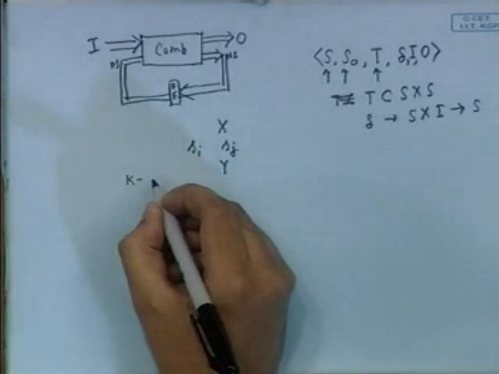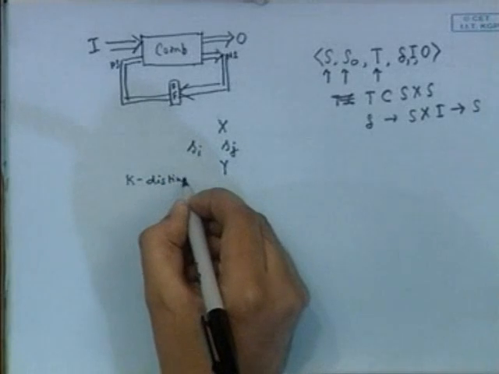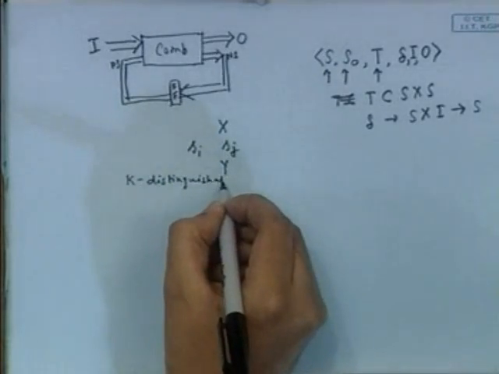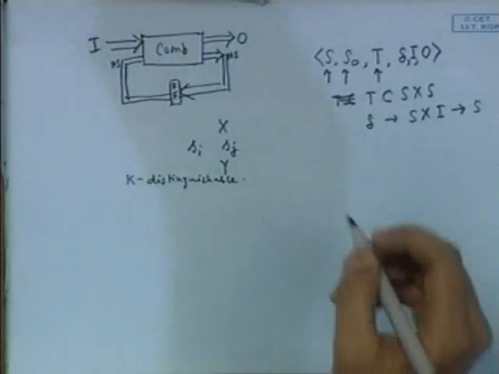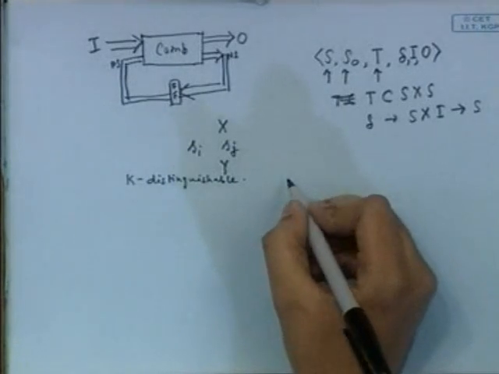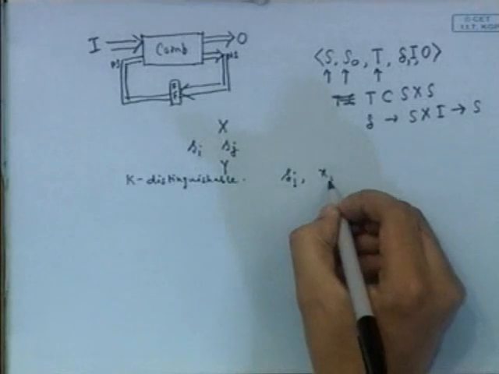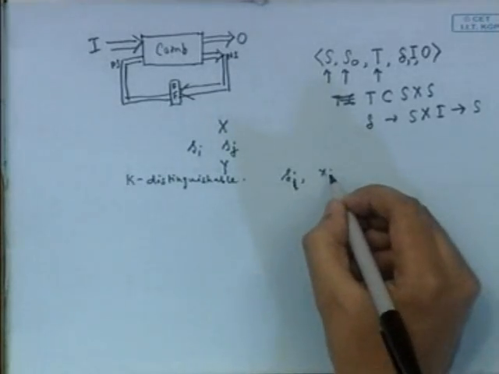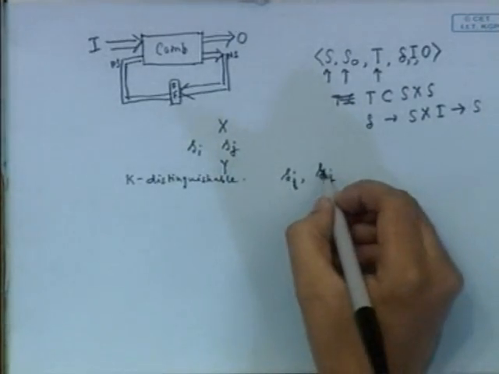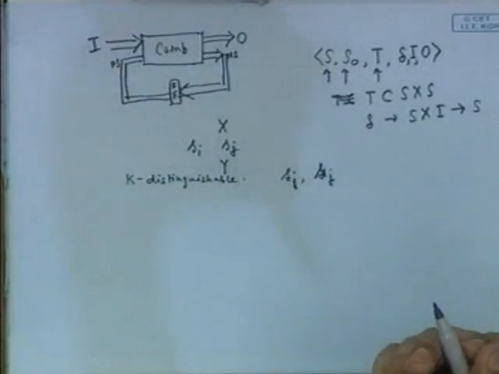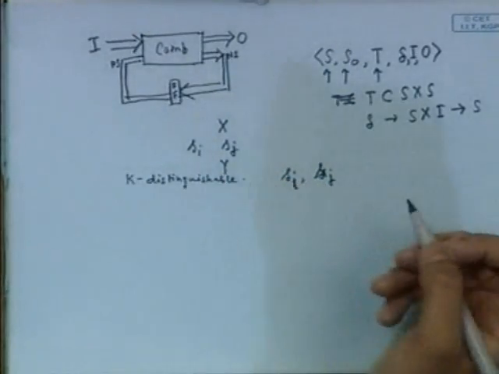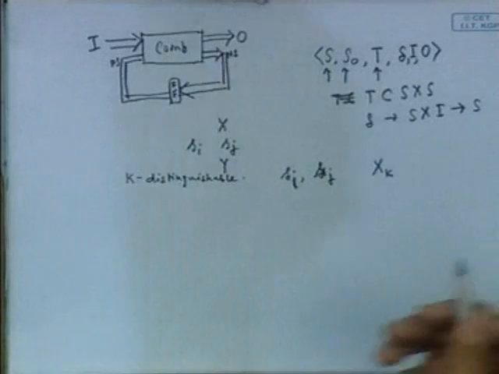Now I will define k-distinguishable. Suppose in a state machine you have two states, Si and Sj, and you apply an input of length k.